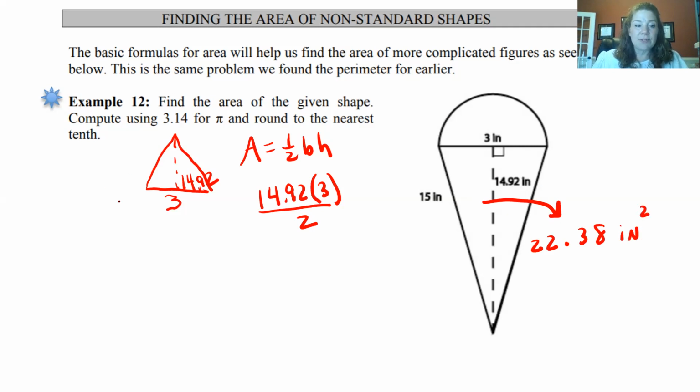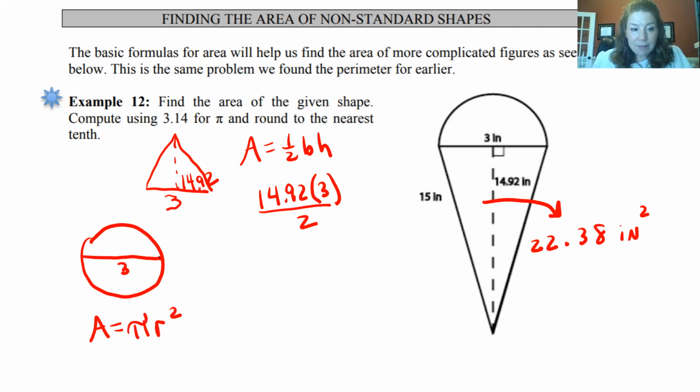And then let's pretend for a second we have a whole circle with a diameter of 3, right? And so now we need to know the area of a circle, which is pi r squared. Well, if the diameter is 3, we need to know half that number to figure out what the radius is. So the radius is 1.5. So the first thing we're going to do is square the radius.